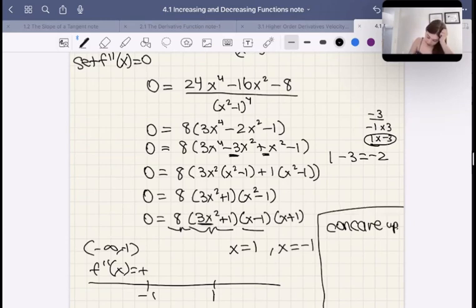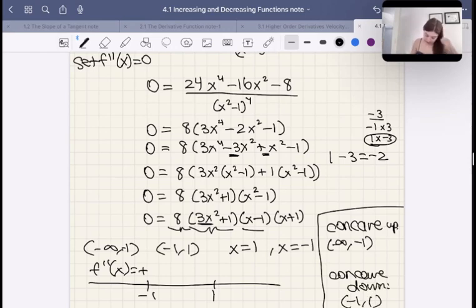Concave up, negative infinity to negative 1. Then over here, from negative 1 to 1, we have concave down. And why is that? We have concave down because if we plug in something here, right, like 0, we're going to get f double prime is negative, right? It's minus for the second derivative.